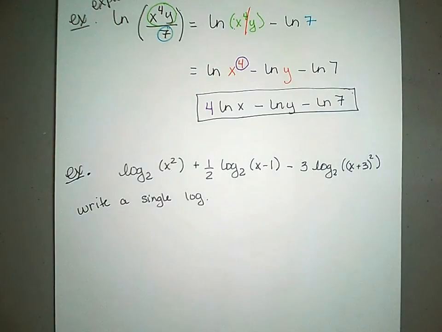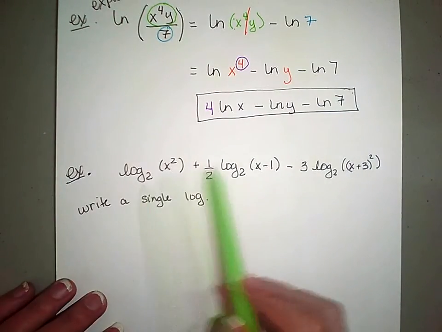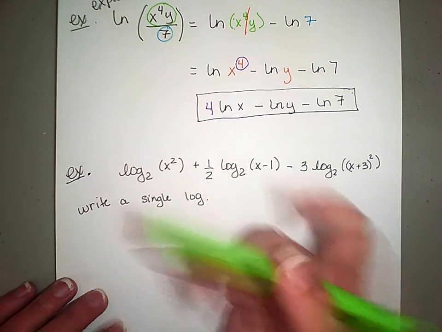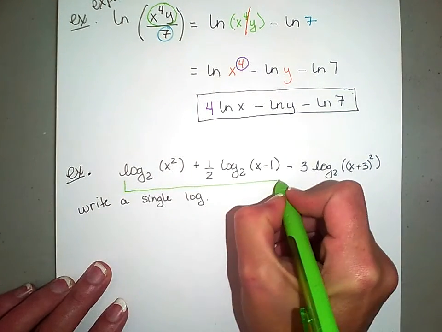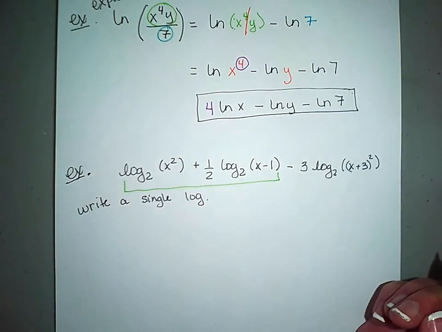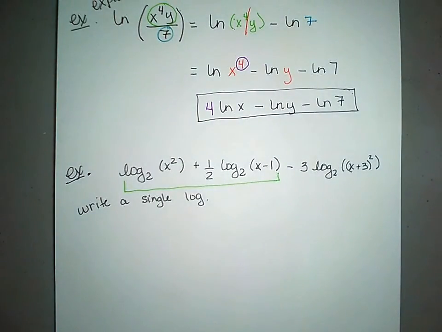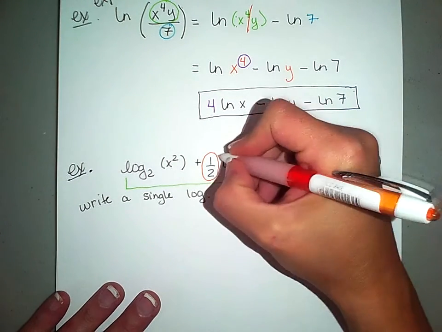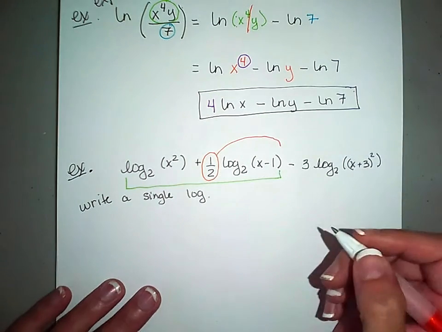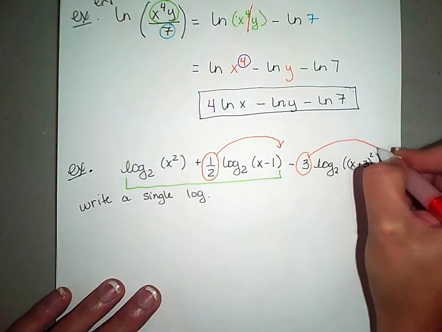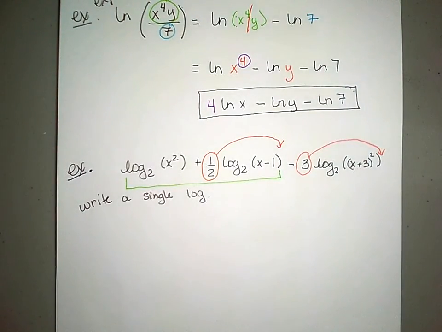Following the order of operations, here's one term and here's another term. The first thing I would do is the addition, so I'm going to combine these two. Actually, let's not combine them quite yet. Let's deal with their multiplication. So we know that I could bring this up as a power, and I could also bring the 3 up as a power. Let's do that first.